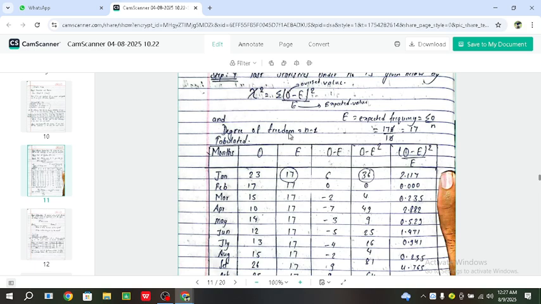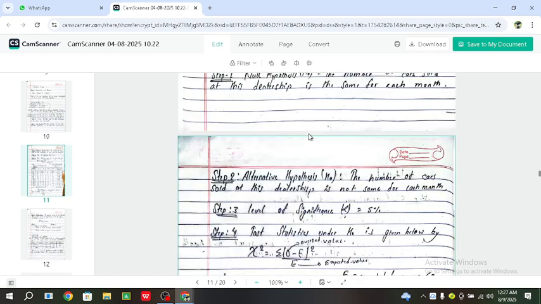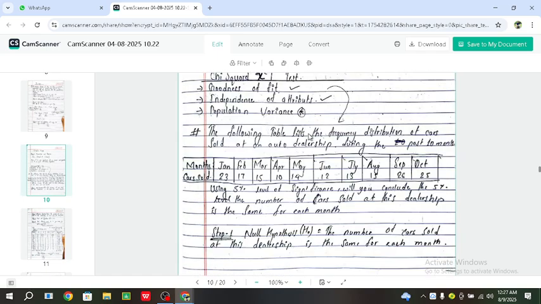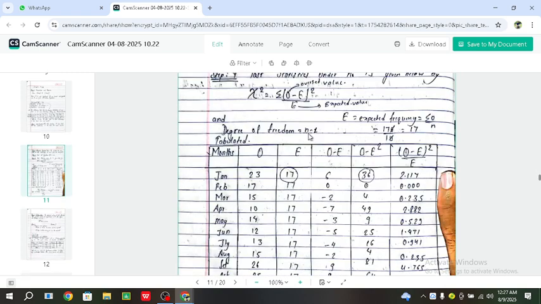As I already told you, n means the number of sizes. That means how many. These are just the degree of freedom. Just remember the expected value. Just make the table. In exam time, just do like this.